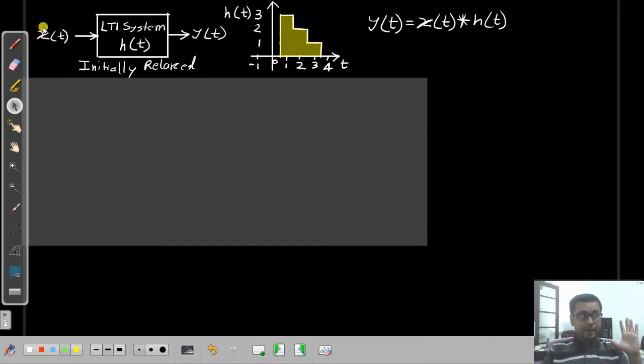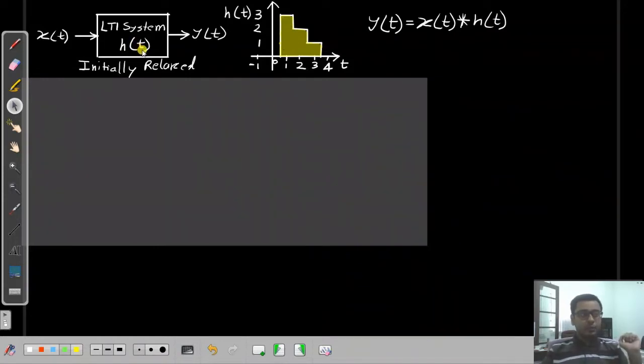Because if you apply any arbitrary input under initially relaxed condition, then you can calculate the output using this formula: output equals the convolution of input and impulse response. So knowing the impulse response means knowing everything about an LTI system.